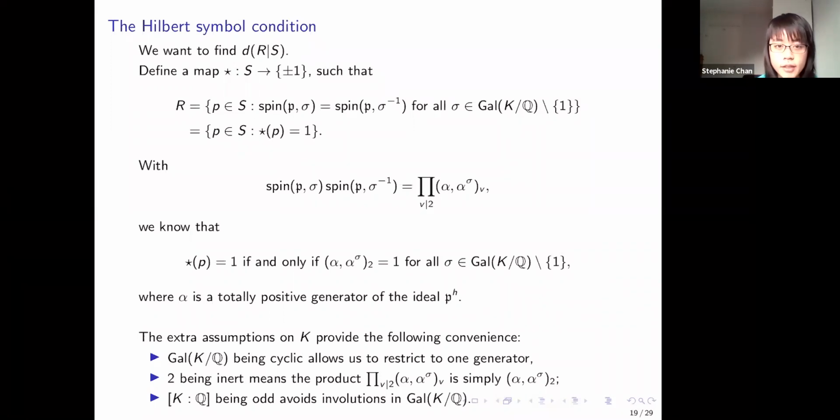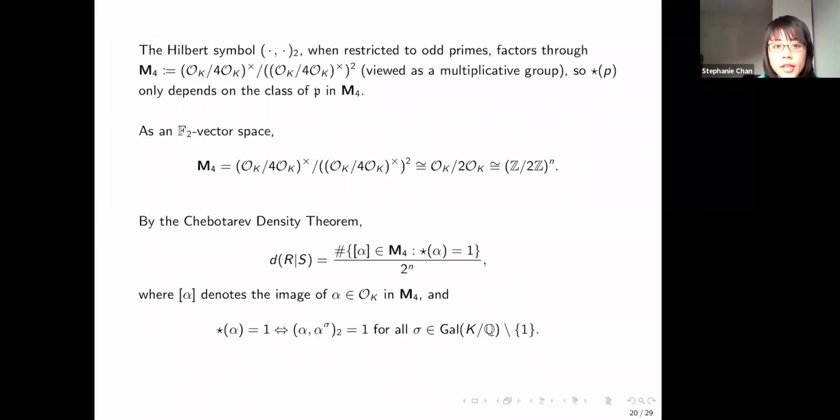Well, this density D, the density of R in S, is always 1, but then what we cannot deal with is, as in previous work by Koymans and Milovich, it's not currently possible to study the density of such spin symbols. Okay, so now we look at the distribution of a Hilbert symbol.